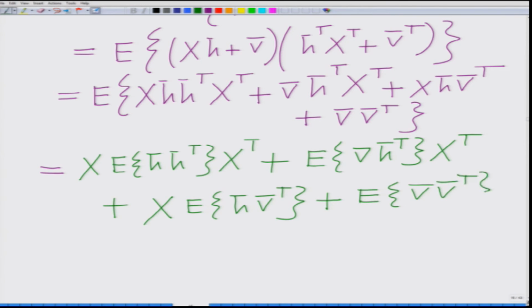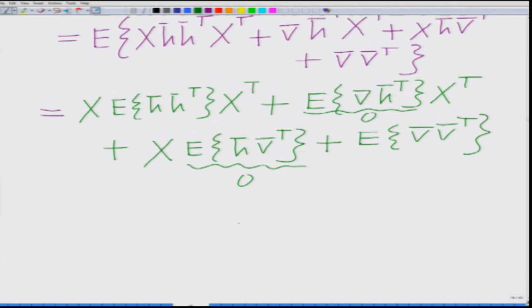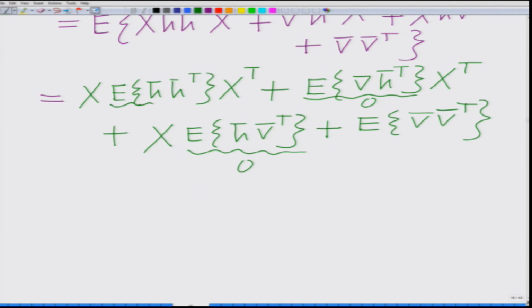expected value of V bar V bar transpose. Now, we have already said that the noise and the channel are uncorrelated. So, therefore, expected value of V bar H bar transpose and expected value of H bar V bar transpose are both 0. Expected value of H bar H bar transpose is sigma H square times identity. We have already derived that. Expected value of V bar V bar transpose is sigma square times identity. This also we have derived.